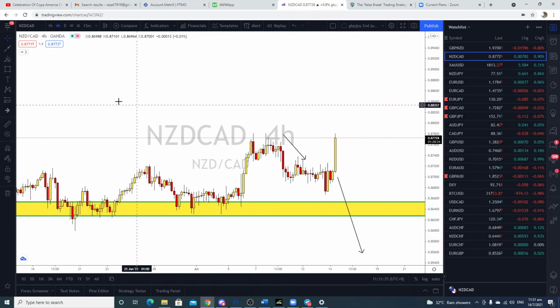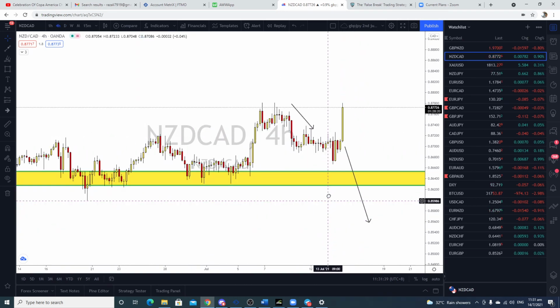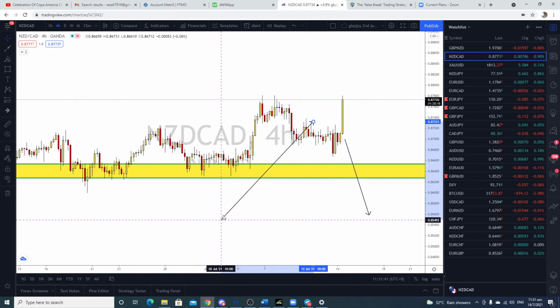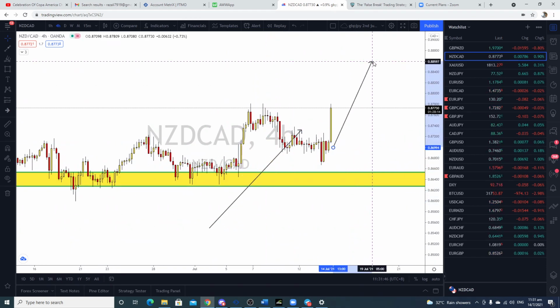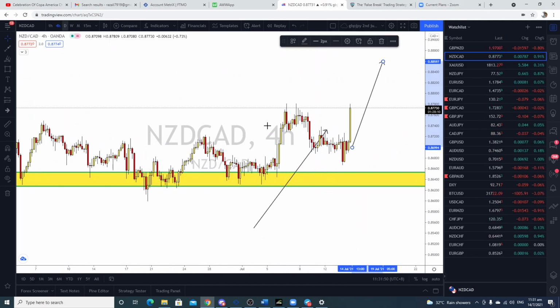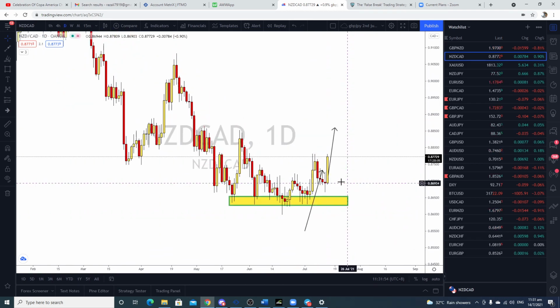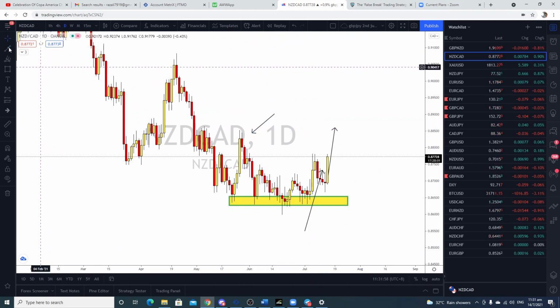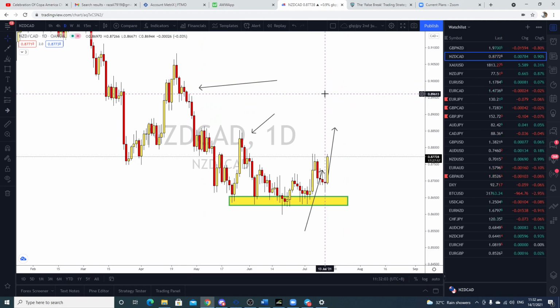Okay, but given that my daily bias is towards the upside, I expect the market to go up, to reverse from the H4 downtrend and rejoin the daily reversal towards the upside. Most probably towards this zone, or second, most probably towards this zone. So that's the reason why I took this NZDCAD buy.